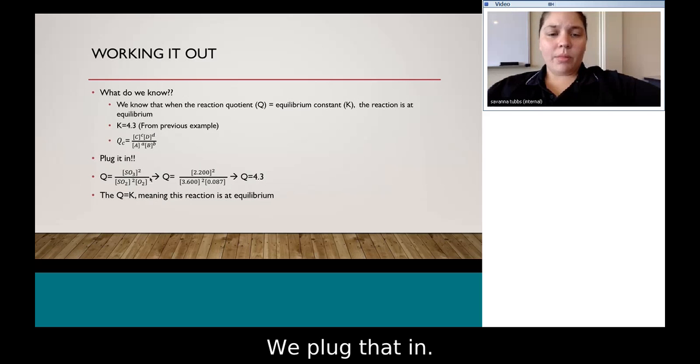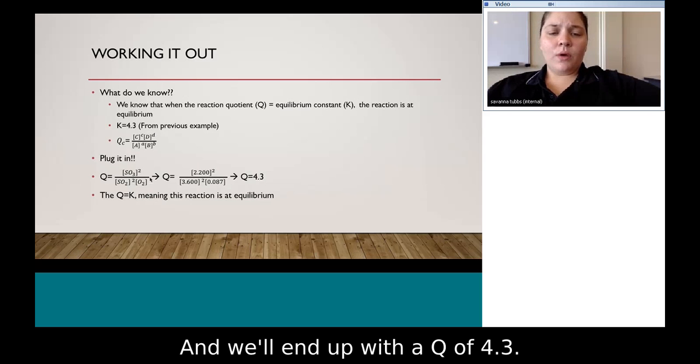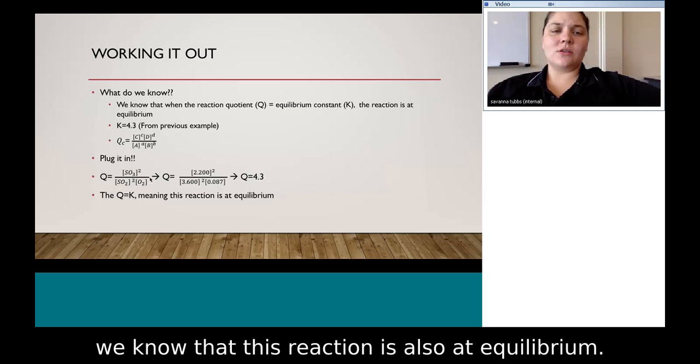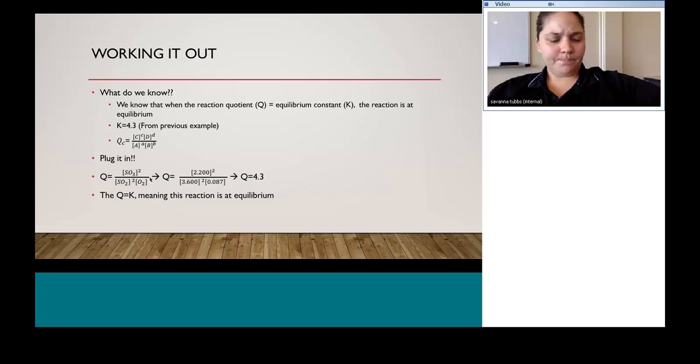We plug that in, and we'll end up with a Q of 4.3. And because our Q equals the K that we previously calculated, we know that this reaction is also at equilibrium.